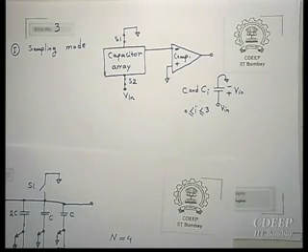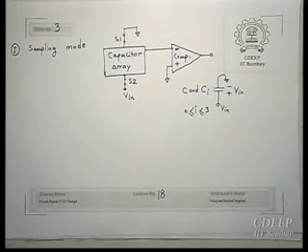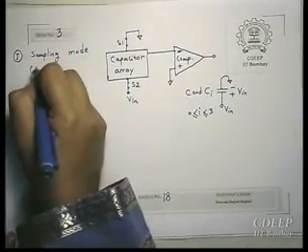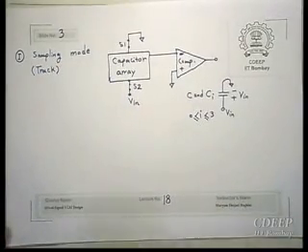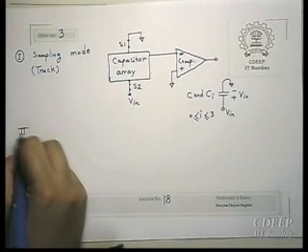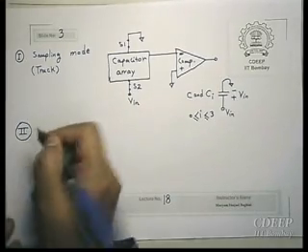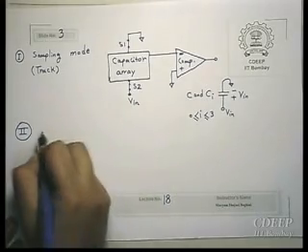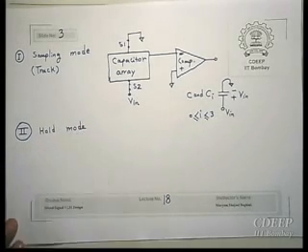So now we will go to the redistribution and comparison mode. Therefore, when you sample, or it would be better to call it track because there is no ideal sampling, it's track mode. If you hold it, see what is in hold mode. Okay, so you track, you sample, and then you disconnect.